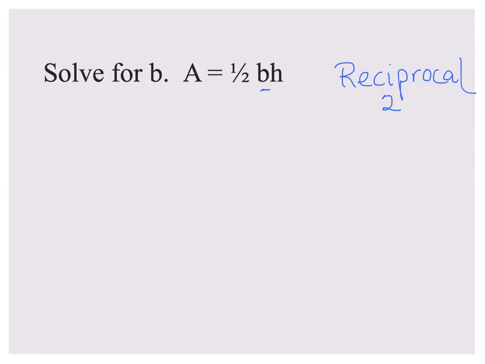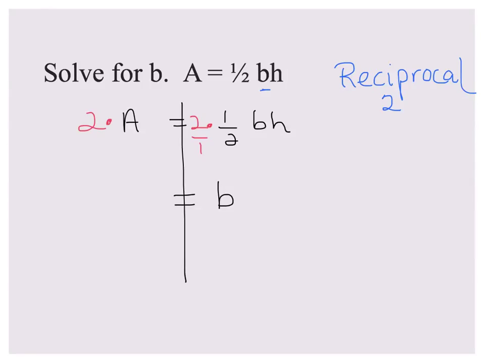So what we're going to do is multiply both sides by 2. Now, when you multiply a number times its reciprocal, it is 1. Remember, that's one of our properties.